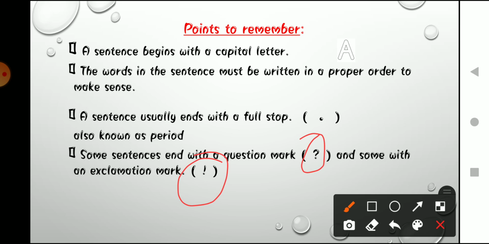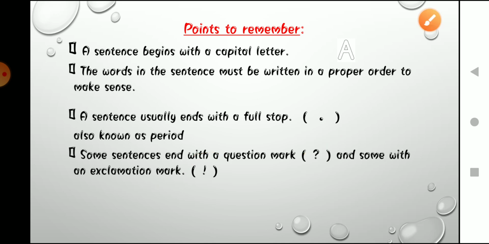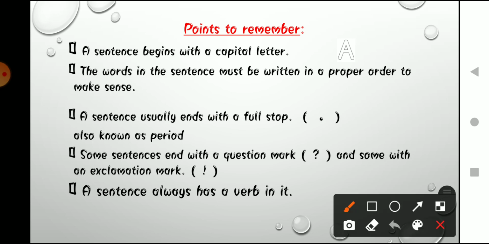We can't say that a sentence written as "What is your name?" is not a sentence, because there are some sentences which have a question mark in them, and also some which have an exclamation mark. Now the last point is that a sentence always has a verb in it. The most important thing is that a sentence always has a verb in it.